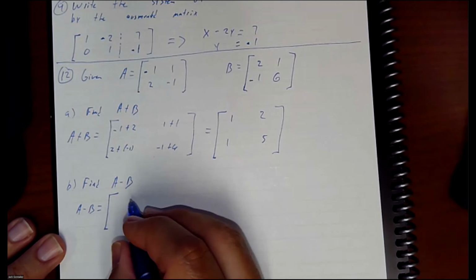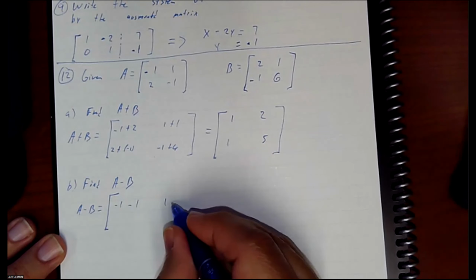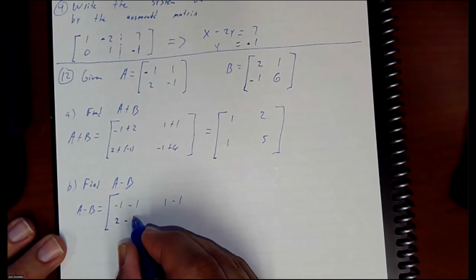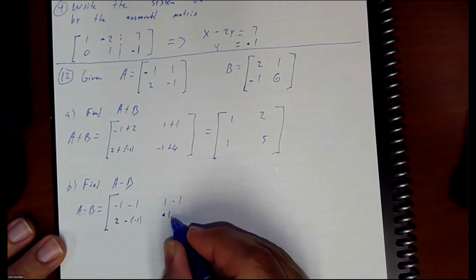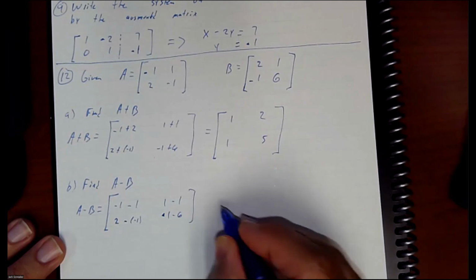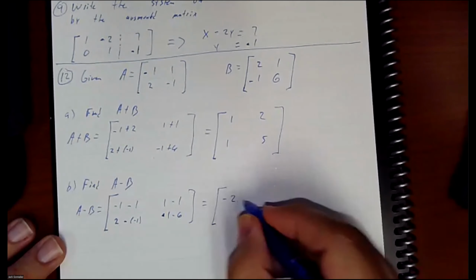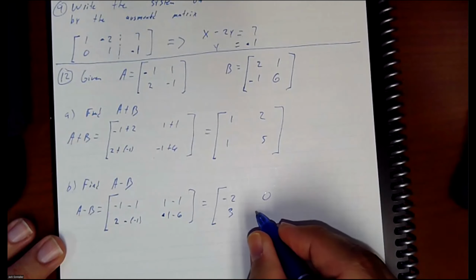So it'll be -1 minus 1, 1 minus 1, 2 minus -1, -1 minus 6. That'll be -2, 0, 3, and -7.